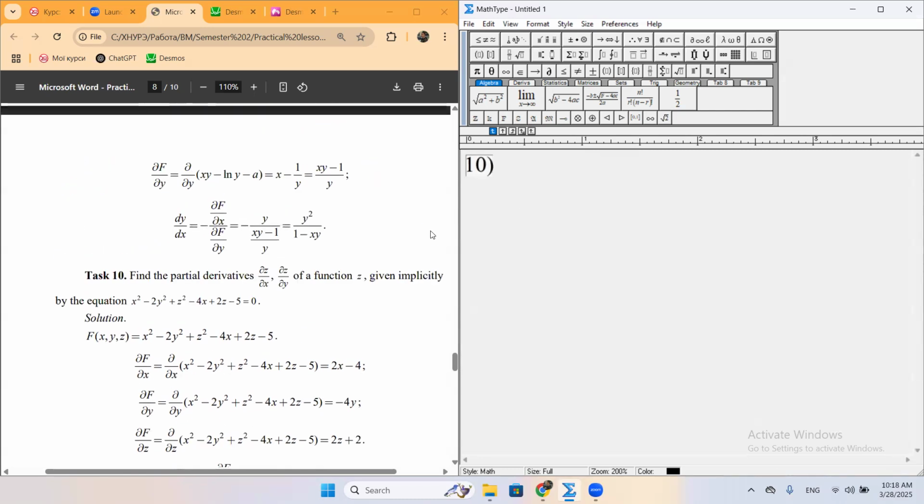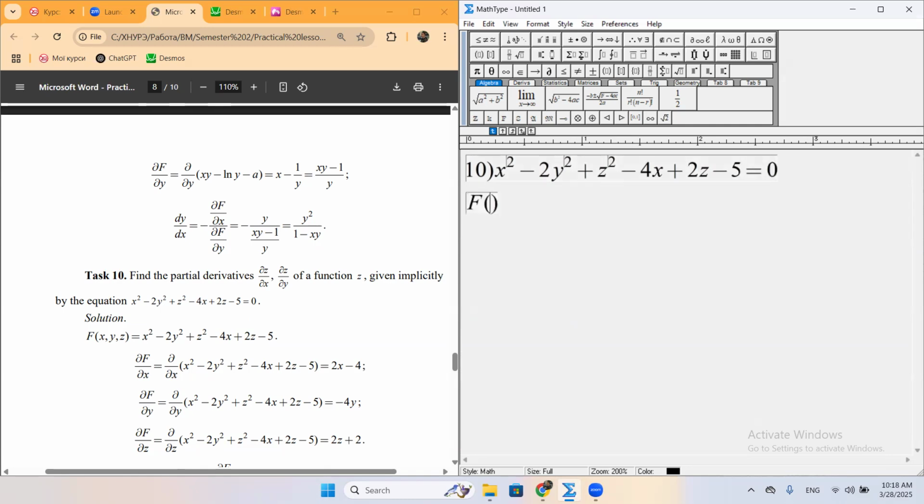So now we have to find the partial derivatives of an implicit function of several variables. So the function is the following: x squared minus 2y squared plus z squared minus 4x plus 2z minus 5 equals 0.